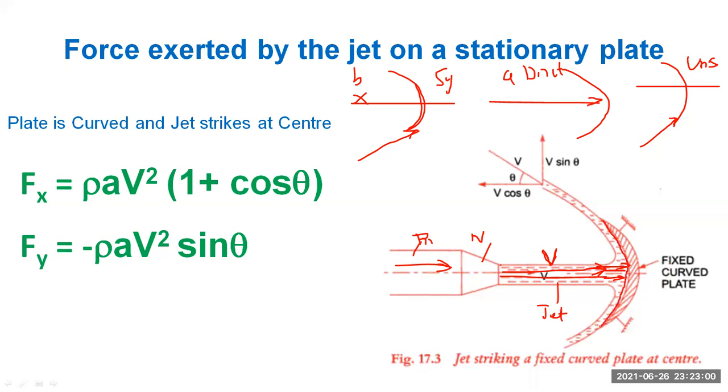If the plate is smooth, there will be no loss of energy, so the jet comes out with the same magnitude of velocity, v, but at an angle theta. As it is a curved plate, the deflection angle is theta.